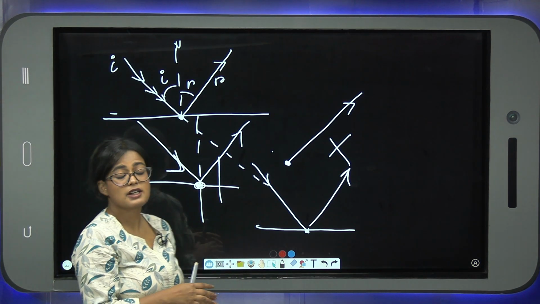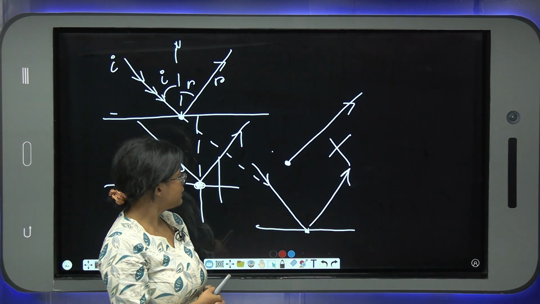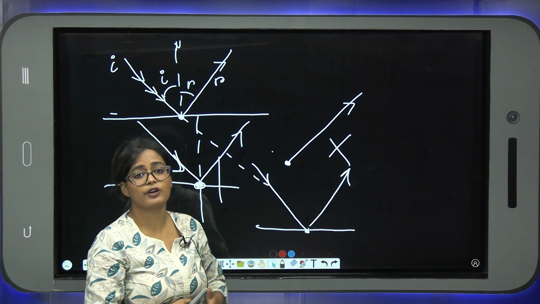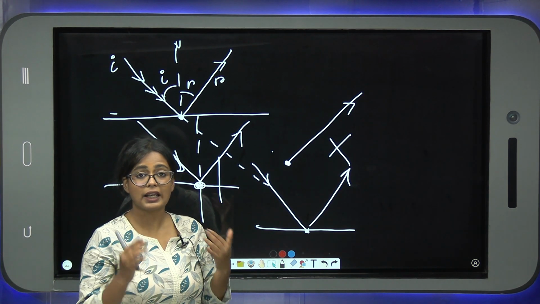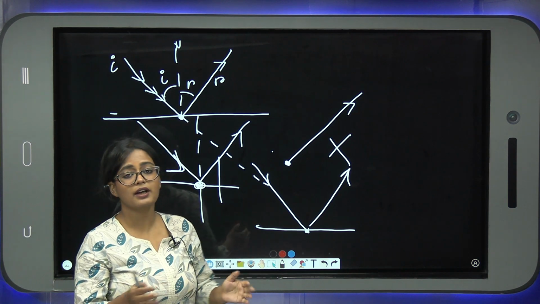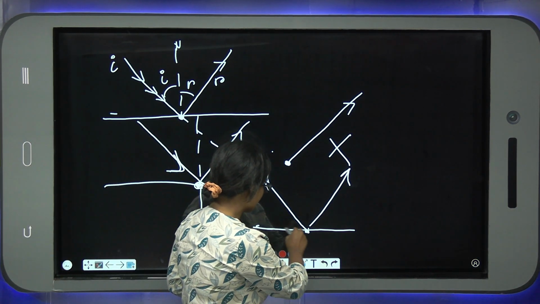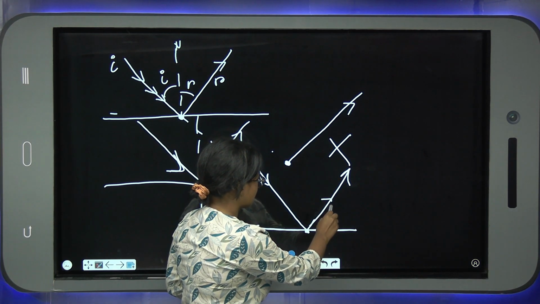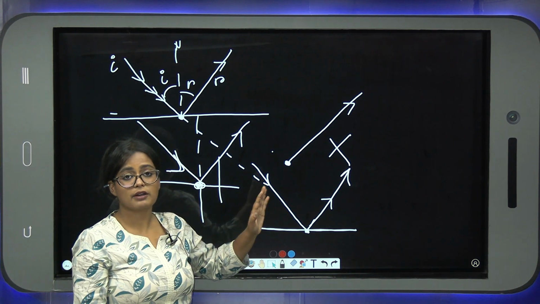In this chapter, there is mainly reflection through different types of surfaces. Like plane mirrors we have already studied, there are spherical mirrors, then there are lenses as well: reflection and refraction through lenses. Now, what we see is reflection through plane mirror.